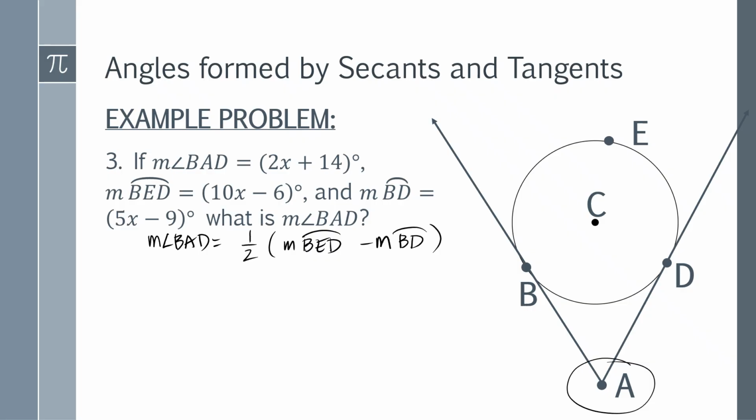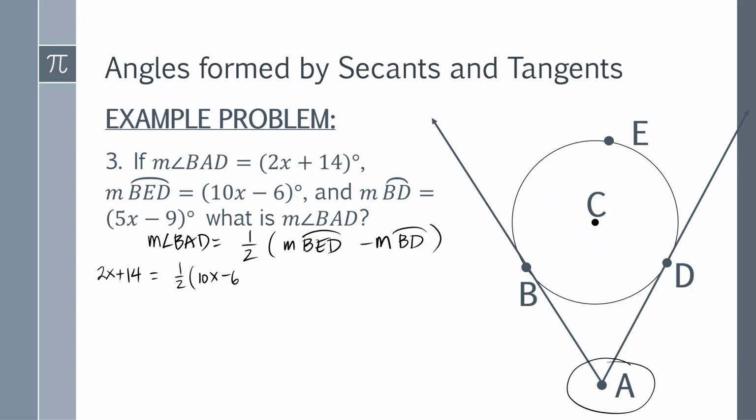Okay? Then what is the measure of angle BAD, which is 2x plus 14, equals half the measure of major arc BED, which is 10x minus 6.